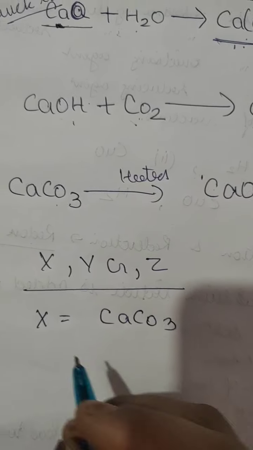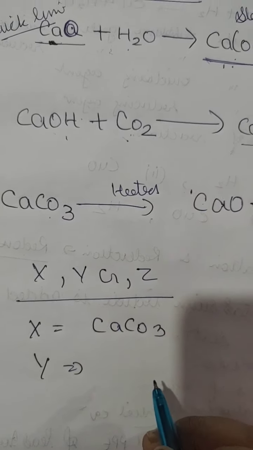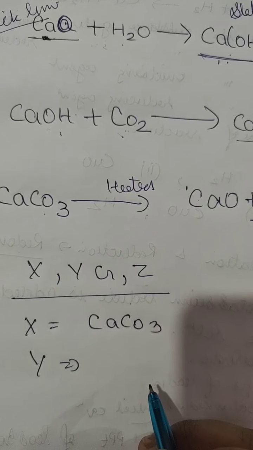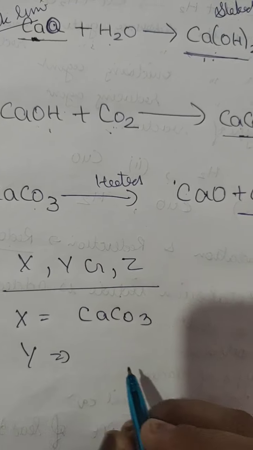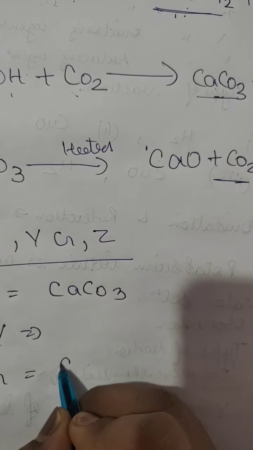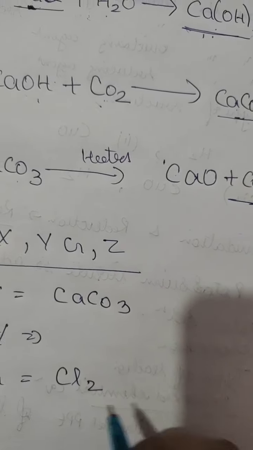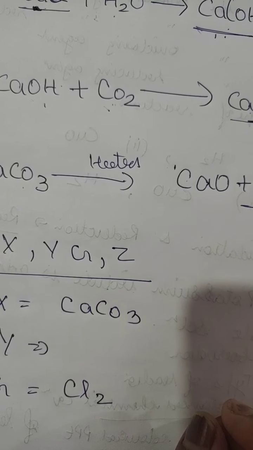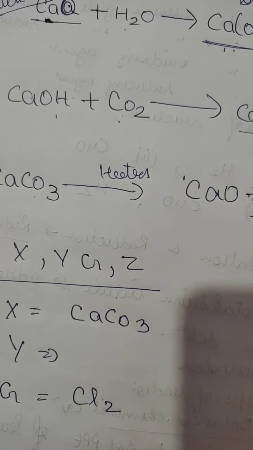And then Y. The question was like that, a gas G during electrolysis of brine is passed through a dry Y. So first of all G is chlorine gas, and it is passed on a dry Y, which means it is a compound.